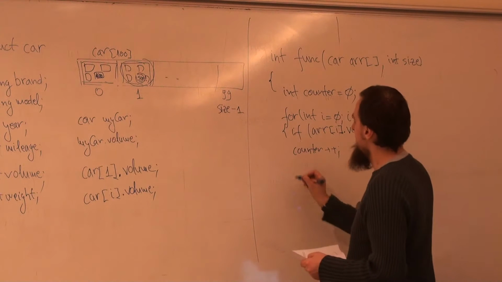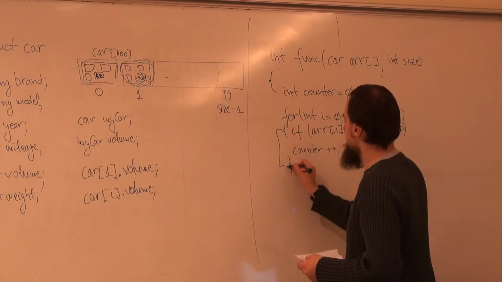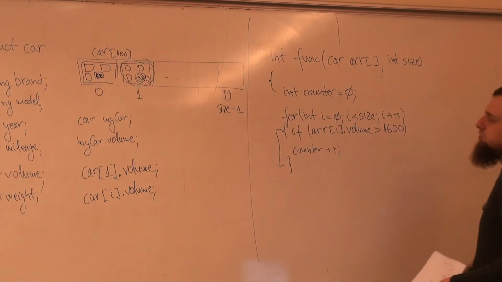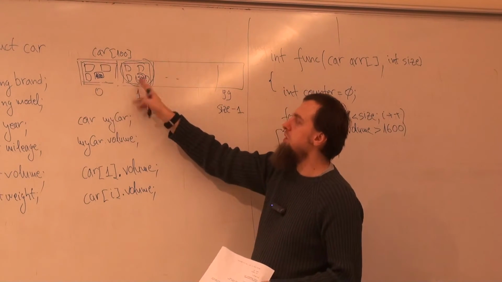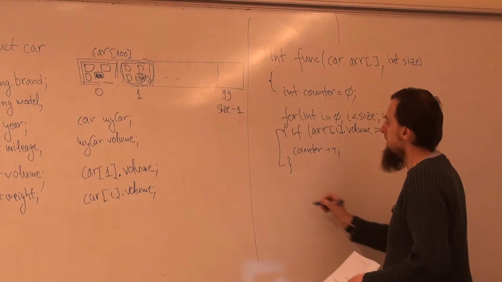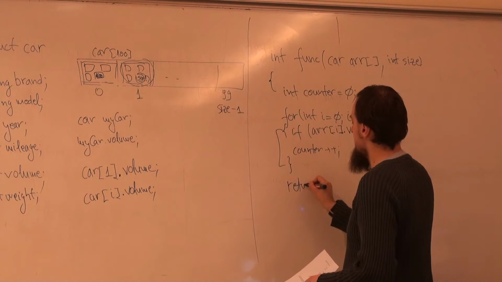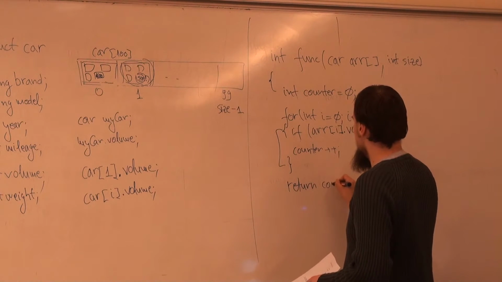This is it. So I check them one by one. Is this greater? Yes. Increment the counter. Is this greater? No. Continue up until the end. And in the end, I return the counter. Return counter.